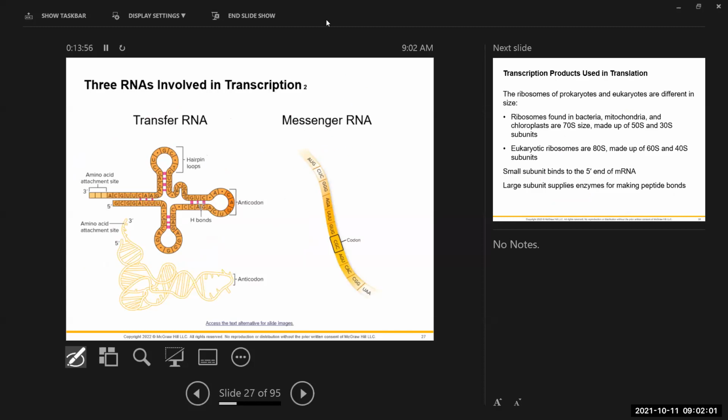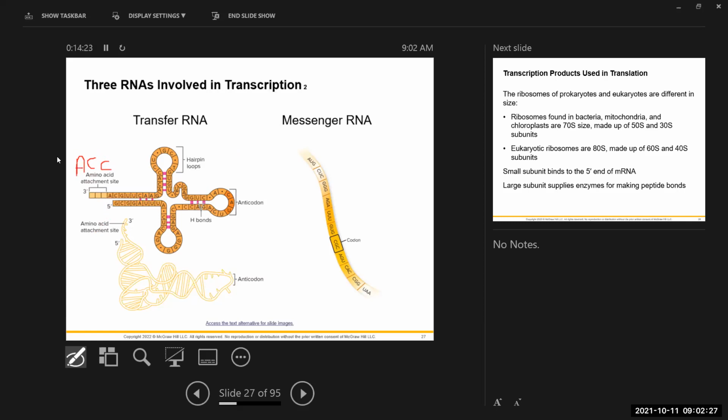Transfer RNAs have this interesting cloverleaf type secondary structure. The end of the transfer RNA always ends in C, C, A at the end.